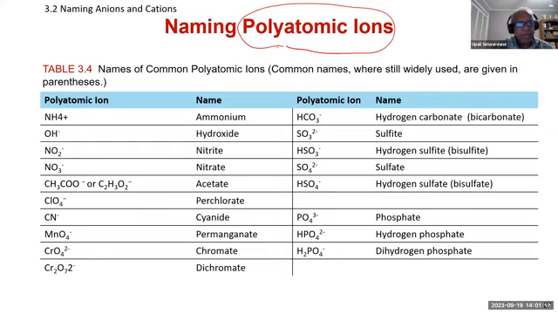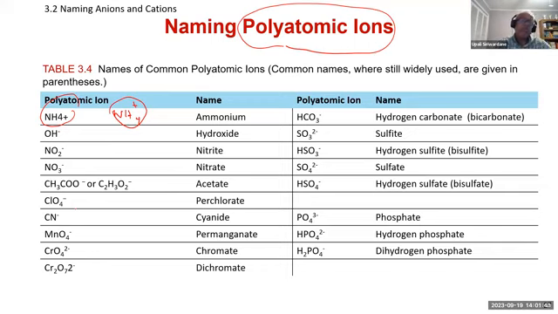Polyatomic means they contain more than one atom. That's the ammonium ion. Ammonium is the only polyatomic ion with a positive charge here. The rest of the polyatomic ions have negative charges. You need to remember this.